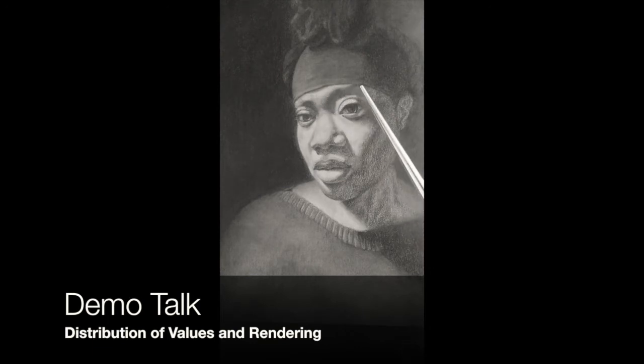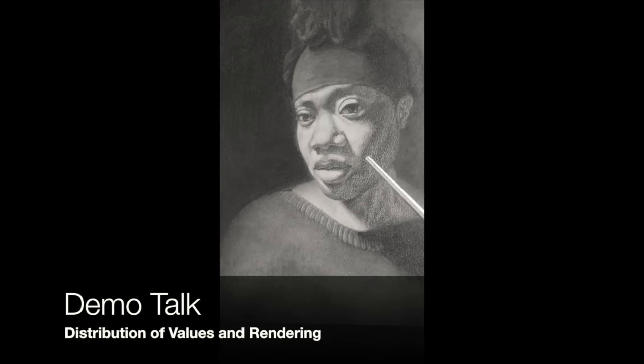These are casting shadows as well. This is the shadow edge, the eyelid shadow edge, and the cast shadow on top of the lip. So you still see a clear separation of light part and dark part.